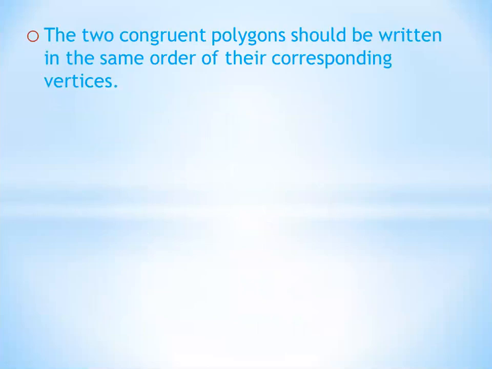There are some other points you have to know. Two congruent polygons should be written in the same order of their corresponding vertices. What does this mean? If I have a polygon ABCDE congruent to XYZLM, first step, I will write numbers above each vertex of the polygon.